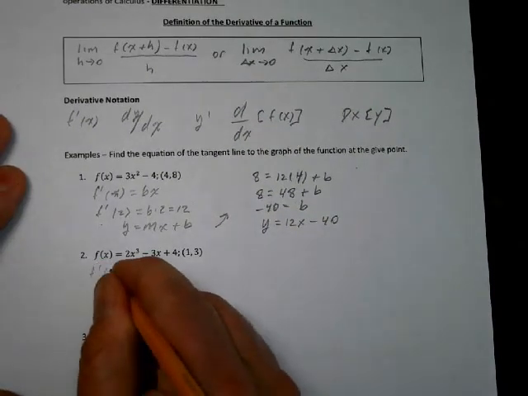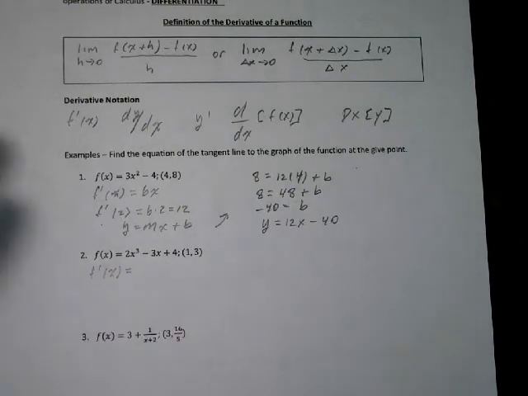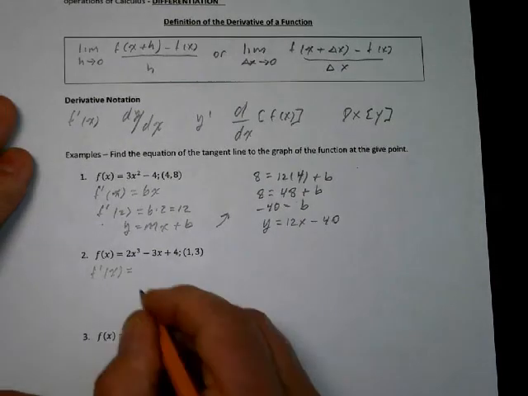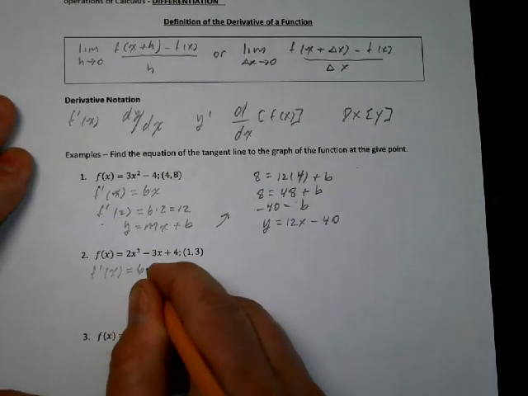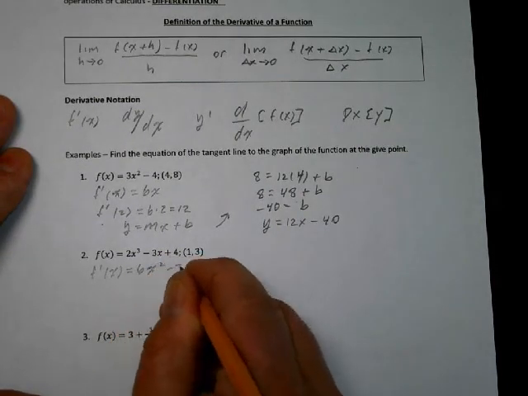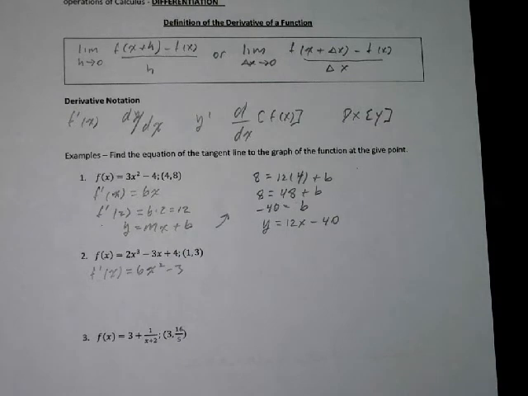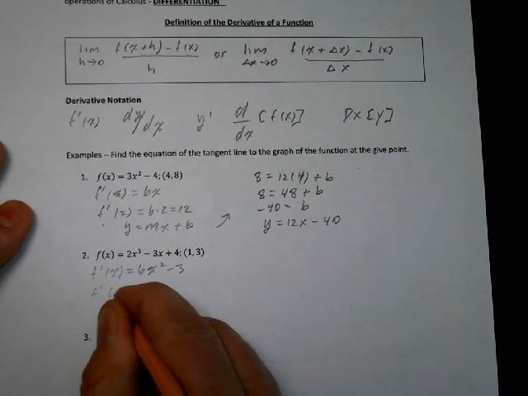Here's another example. First thing I need to do is find the derivative of 2x cubed minus 3x plus 4. When you do that, you get 6x squared minus 3. Now I'm going to find f prime of 1.